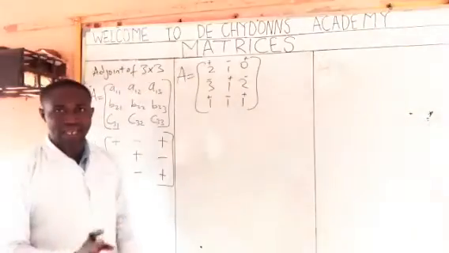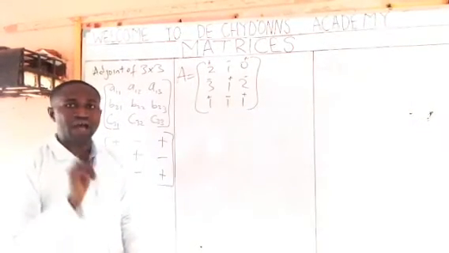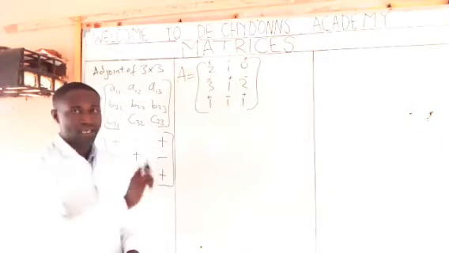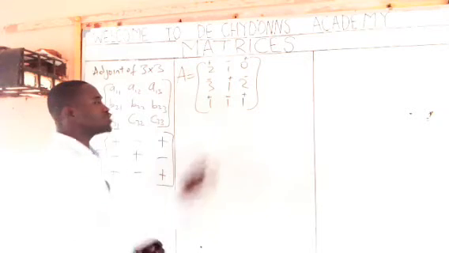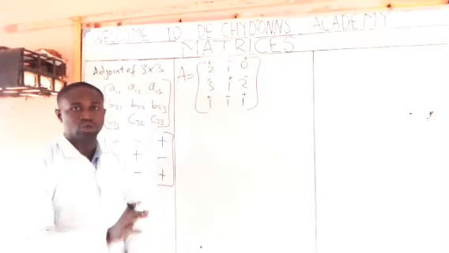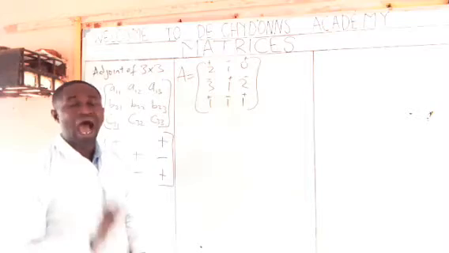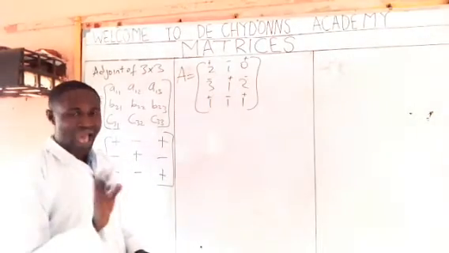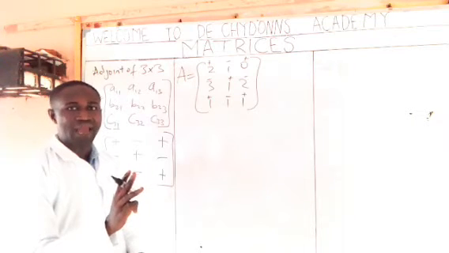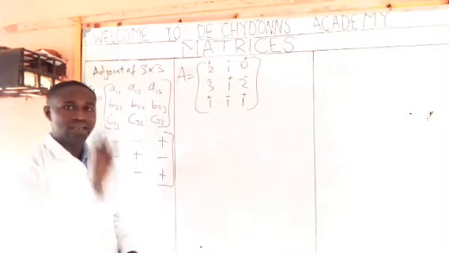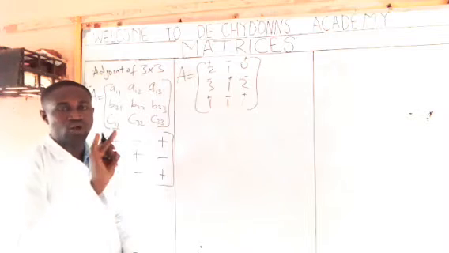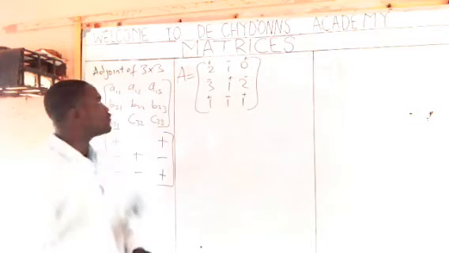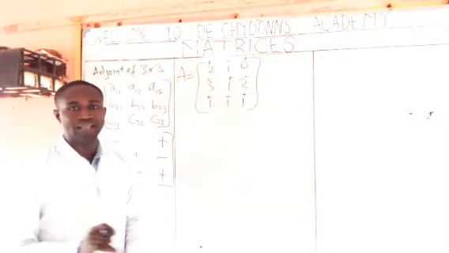After knowing these signs, you must get the cofactors of each of the elements in the rows, then transpose it. After transposing it, you have got the adjoint of the 3 by 3 matrix. I repeat, get the cofactors of the elements in the rows, then transpose it. When you do these two things, you have done the adjoint of a 3 by 3 matrix.